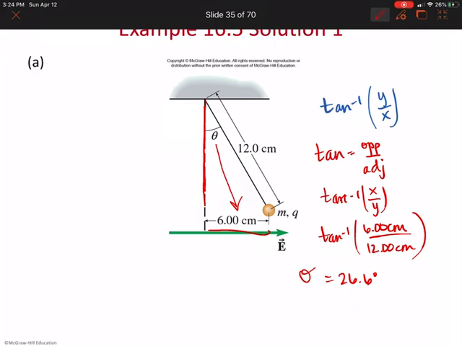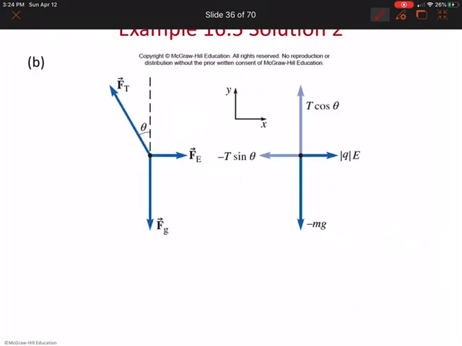All right, so now part B says, what is the tension in the thread? Okay, so this is sort of similar to what we were having to do in the last example, where we're having to break it up into the x, y components. All right, well, the tension here is like this, okay?